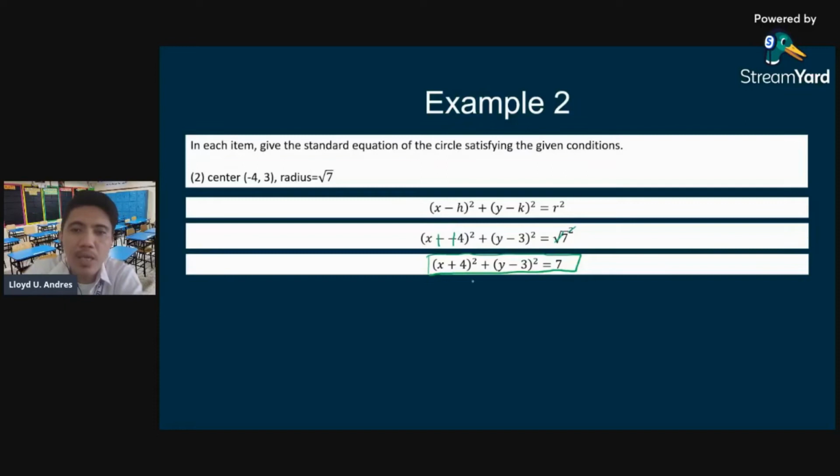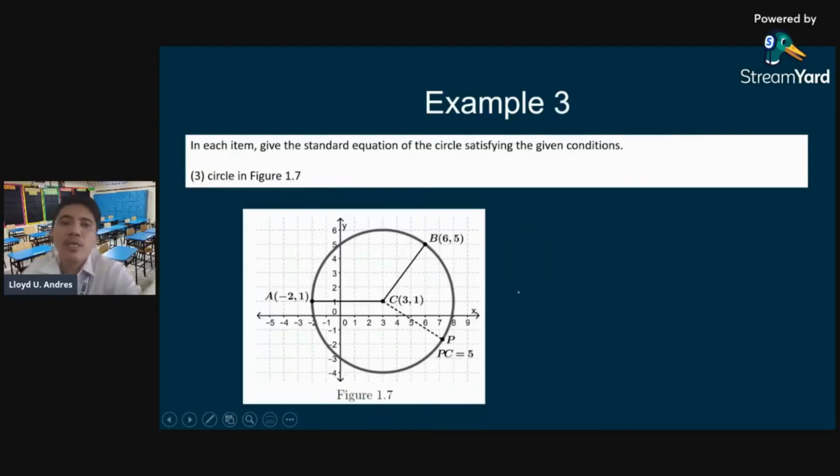This is the standard form of equation of a circle whose center is at negative 4, 3, and radius square root of 7. So for the third example, we are asked to give the standard equation of the circle in figure 1.7.